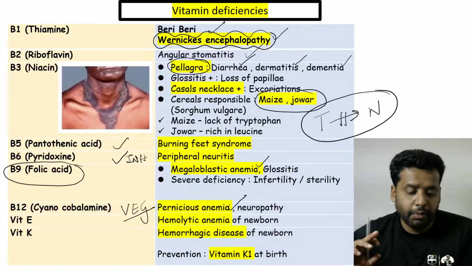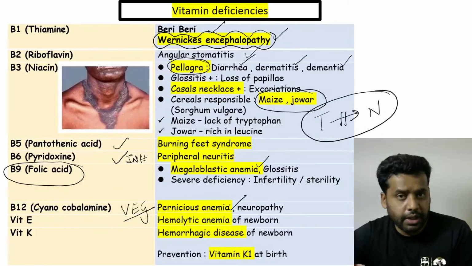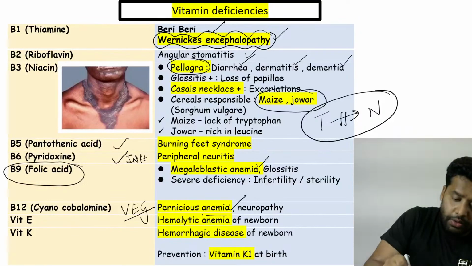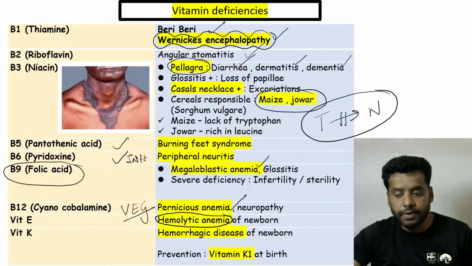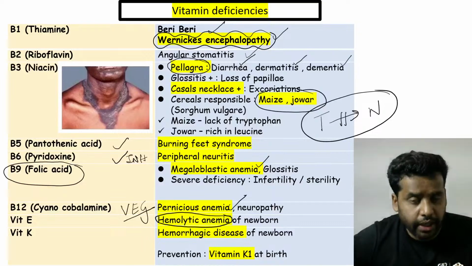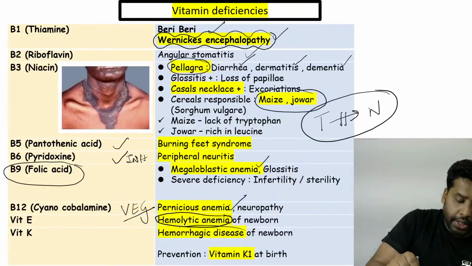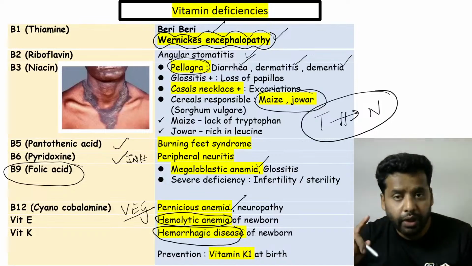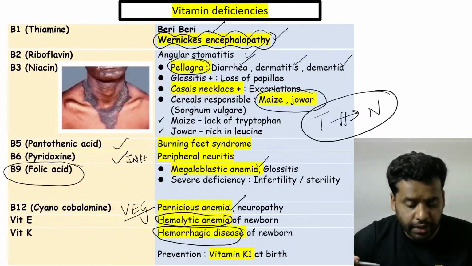Vitamin E, vitamin K. Don't confuse between them. Vitamin E is an antioxidant. If there is no antioxidant, oxidation free radicals can lead to hemolysis. Vitamin K deficiency can lead to hemorrhagic disease of newborn, because newborns are prone to bleeding manifestations.